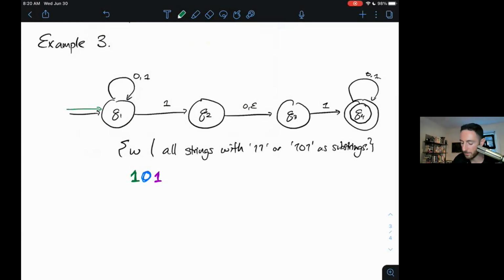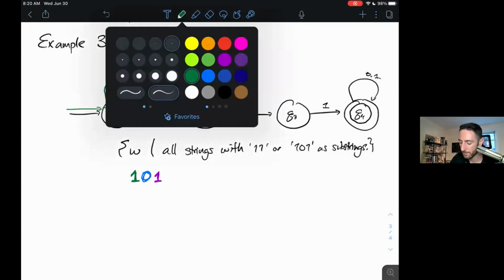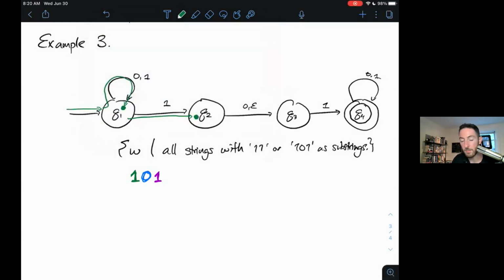The first thing we do is we branch, because we have 2 outgoing edges on a 1. So we go around here. We end up with 1 branch in Q1. We also cross this edge from Q1 to Q2 and end up with a branch in Q2. And I should remember, at the end of every round, we check for epsilon edges. So we also branch again and send 1 branch over to Q3.